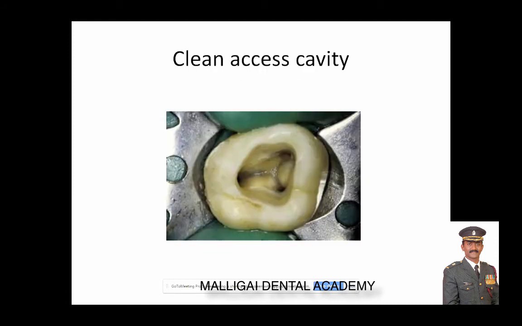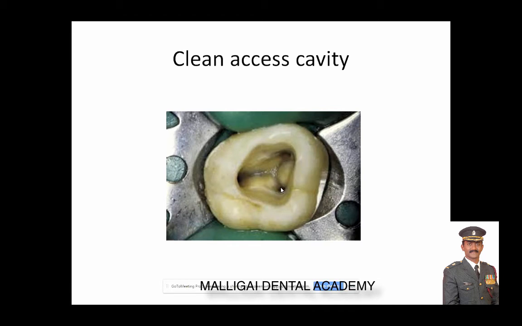So your clean access cavity is going to look something like what you see on the image. Can you see and notice that the orifices are very clearly seen? The dentinal map is very clearly evident on the floor of the access cavity. The dentinal map is a map which helps us locate or gauge the position of the orifices.